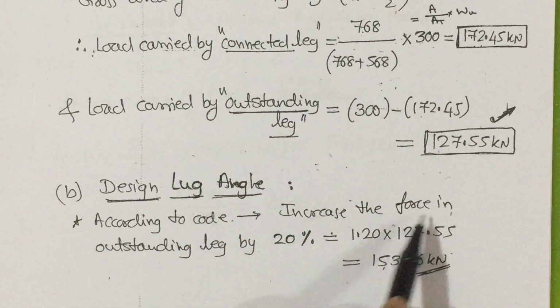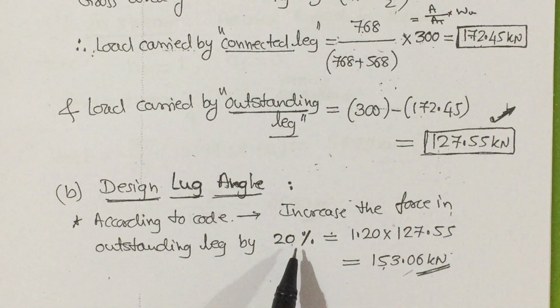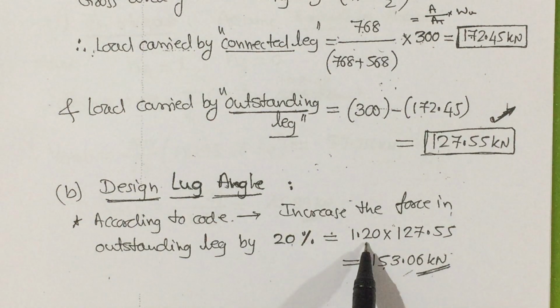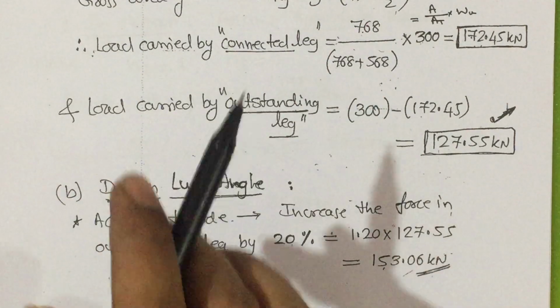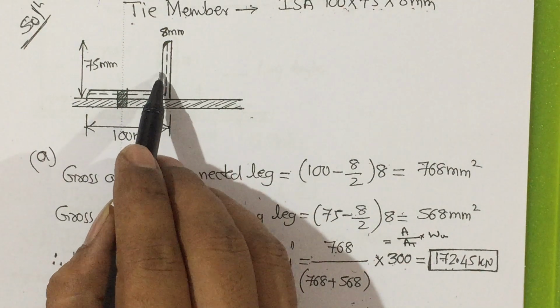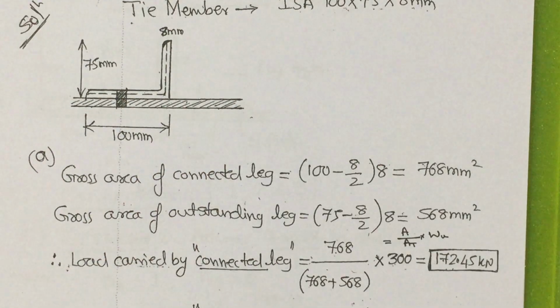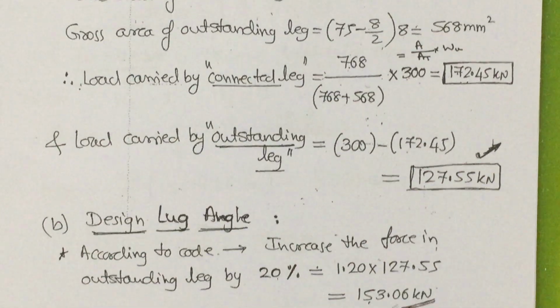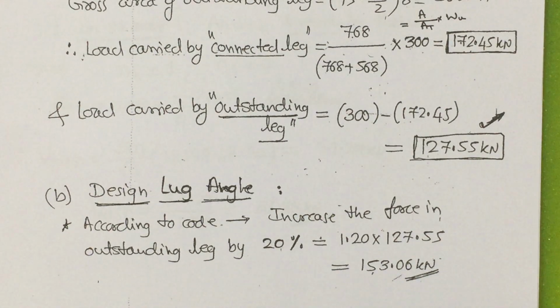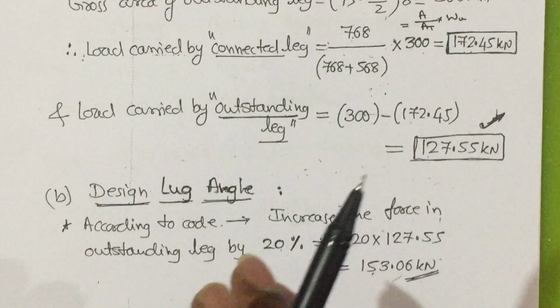According to the code, increase the force in the outstanding leg by 20%. So, increase it, why? Because the angle plate we are going to connect to the gusset plate. So, we are going to increase it by 20%. So, 1 minute, I will show you.